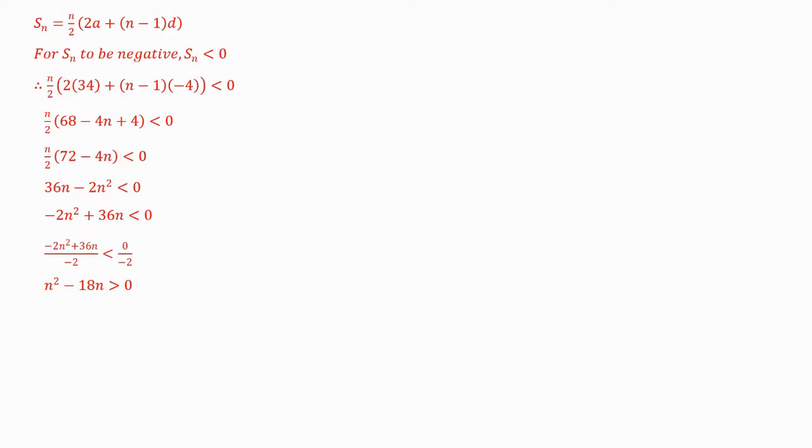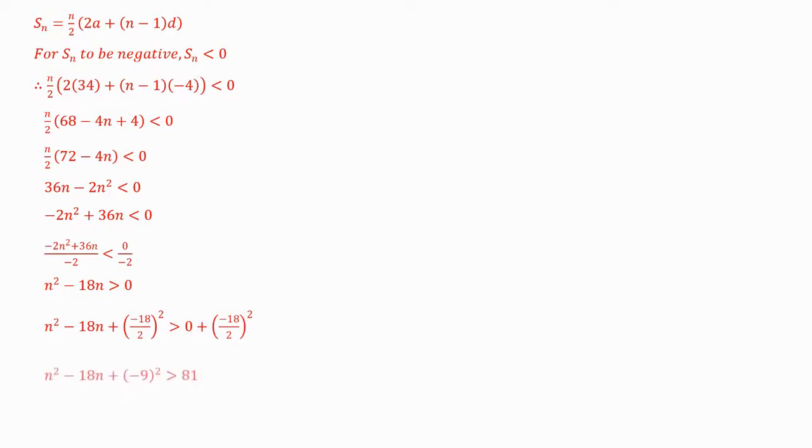Then we use the completing the square method to solve the inequality. We have n squared minus 18n plus -18 over 2 squared is greater than 0 plus -18 over 2 squared, where -18 over 2 is our b over 2a squared.